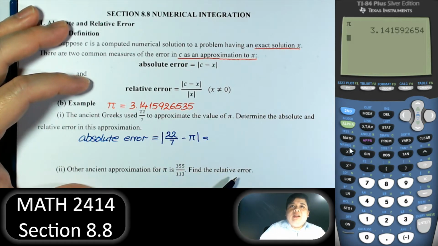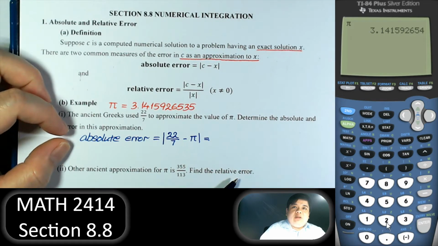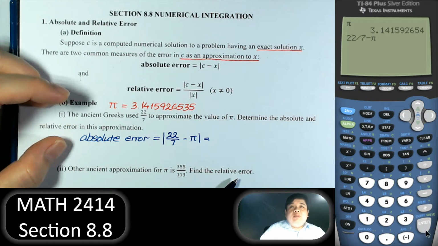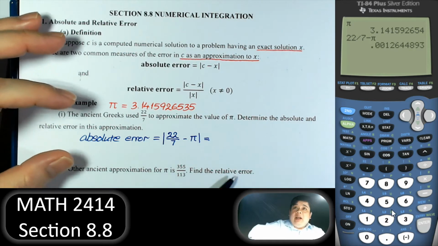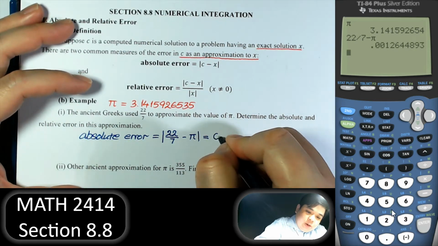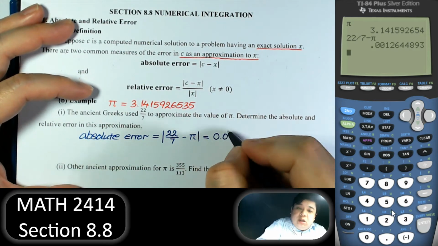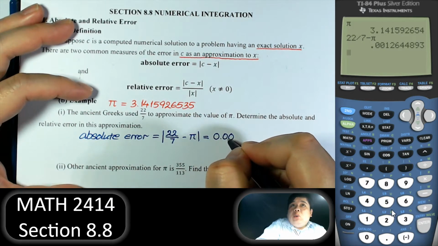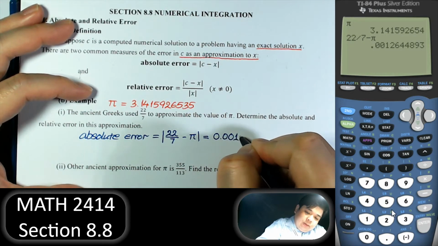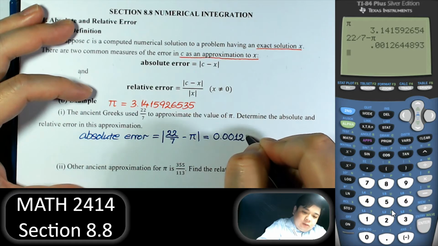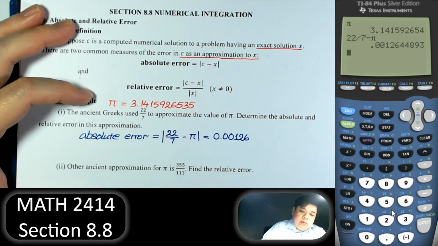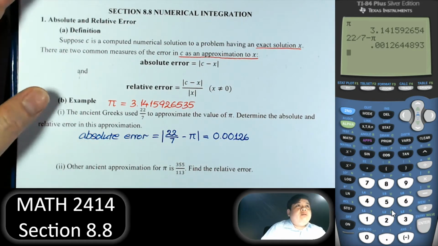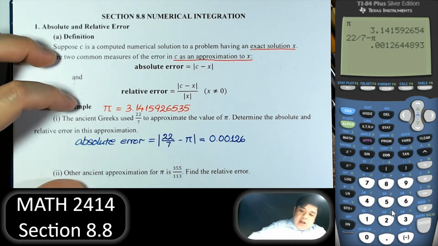We don't even hit the absolute value, just take 22/7 and subtract pi. If it's negative, just turn it to positive, and just write 0.00126, which is a kind of good approximation.